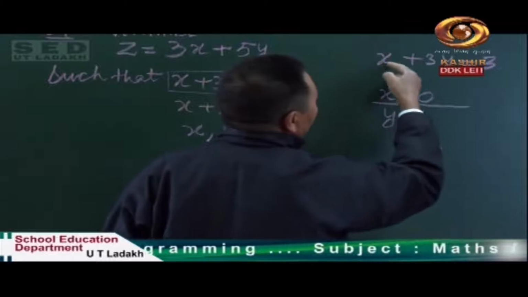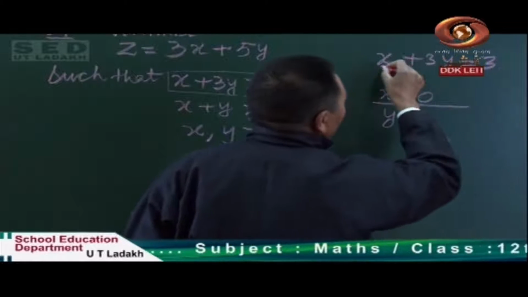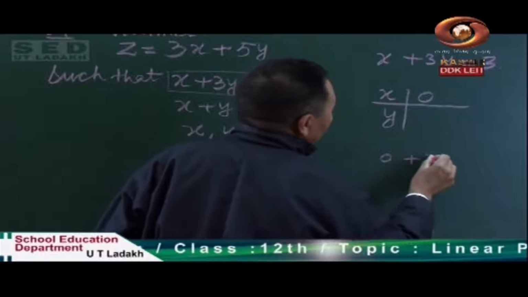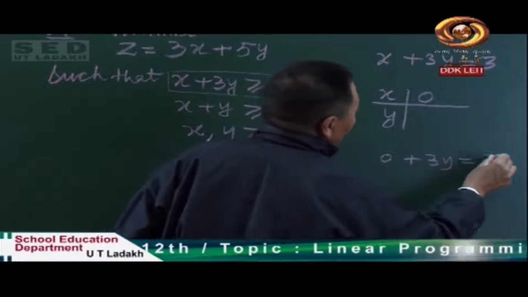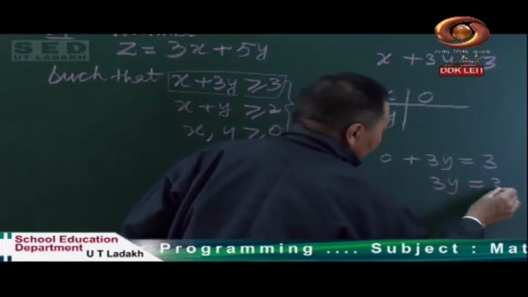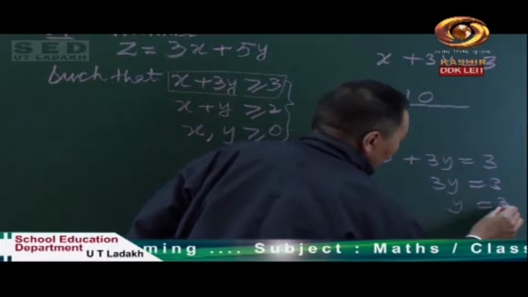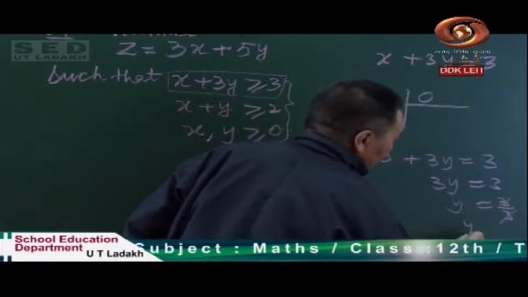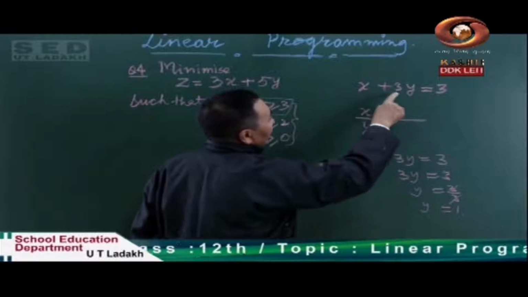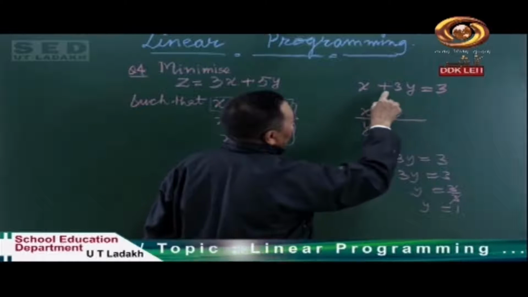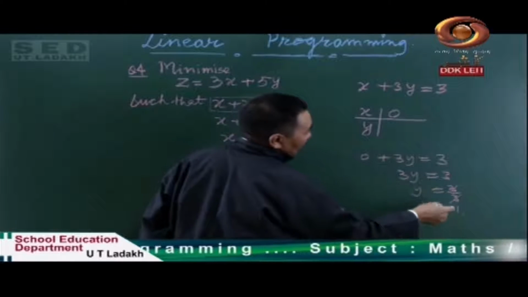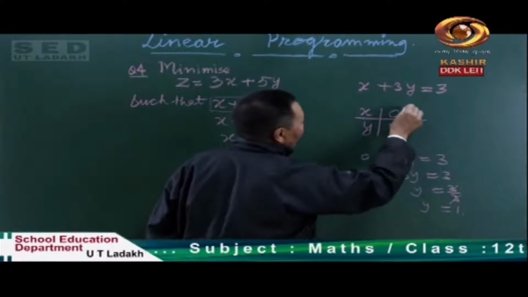If 0 comes over here, then we have 0 plus 3y equal to 3, and 3y equal to 3, then y equal to 3 upon 3. You can cancel it, then you get y equal to 1.